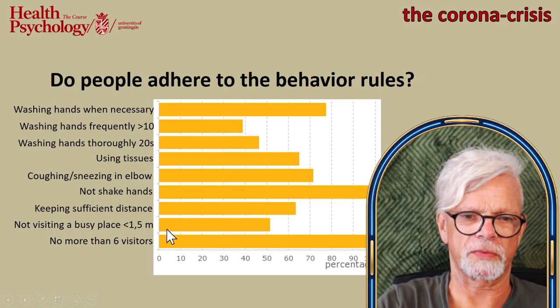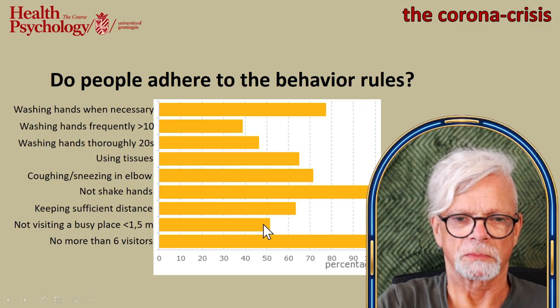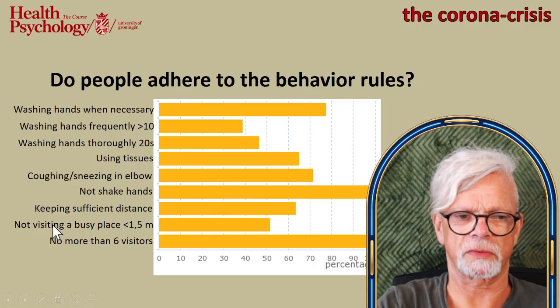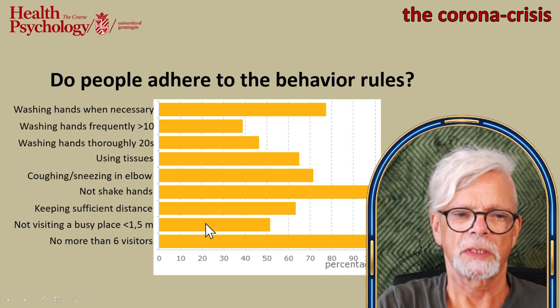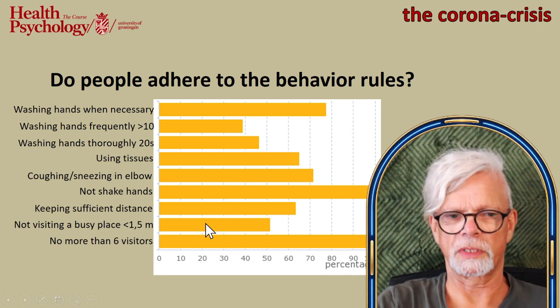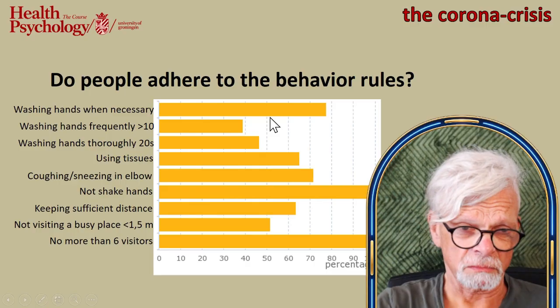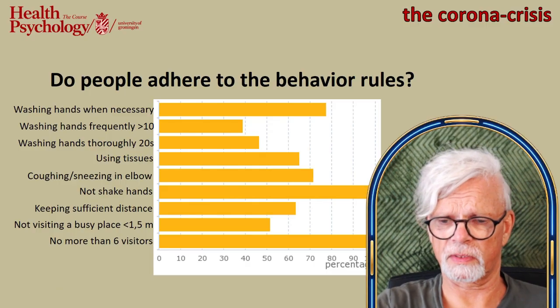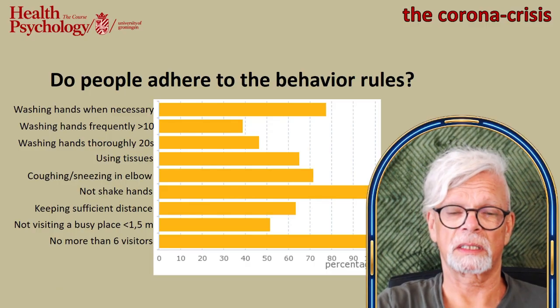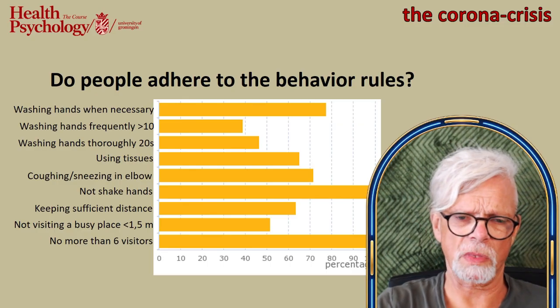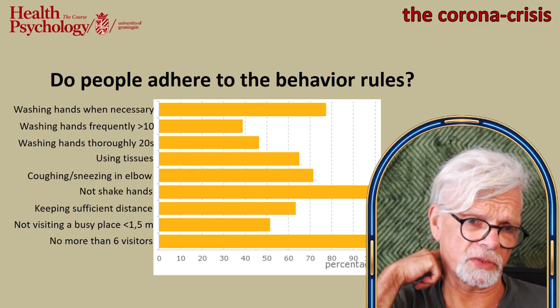But here you see that about half of the people indeed adhere to the advice of not visiting busy places and keeping 1.5 meters of distance. Well, you see, although the rules are clear and government meant well, still many people did not engage in the recommended behaviors.